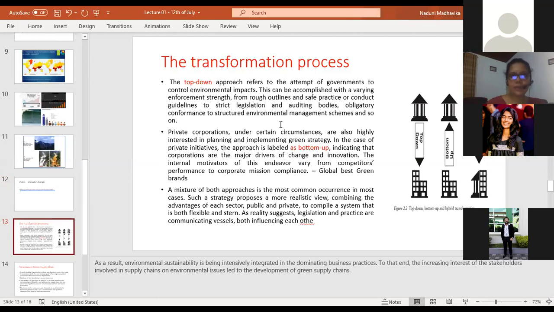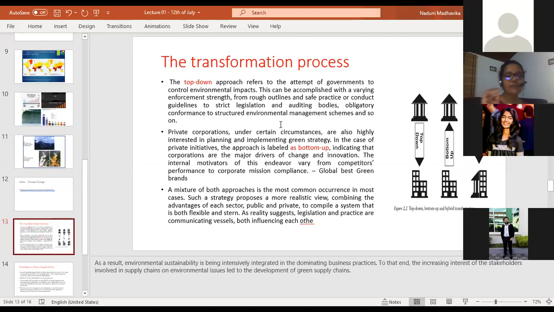The top-down approach refers to the attempt of governments to control environmental impacts. Since the government has a responsibility to protect the environment, there are certain rules and regulations being imposed by governments. It may be in the local context, it may be in the global context. The world institutions also have imposed some rules and regulations.